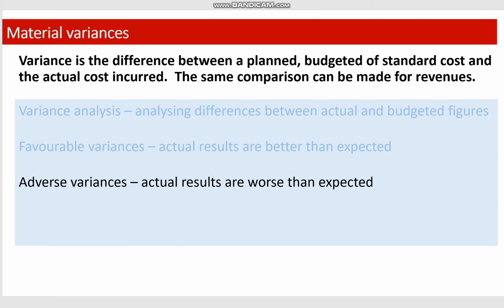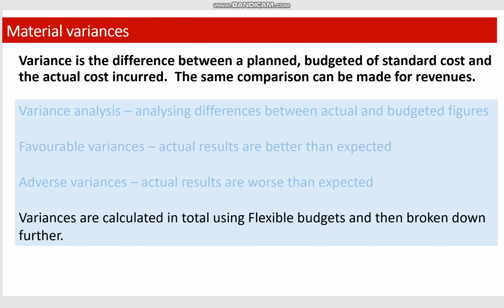Sometimes management doesn't perform that well and they end up with adverse variances, reflecting that actual results were worse than expected. Variances are calculated in total using flexible budgets and then broken down further.